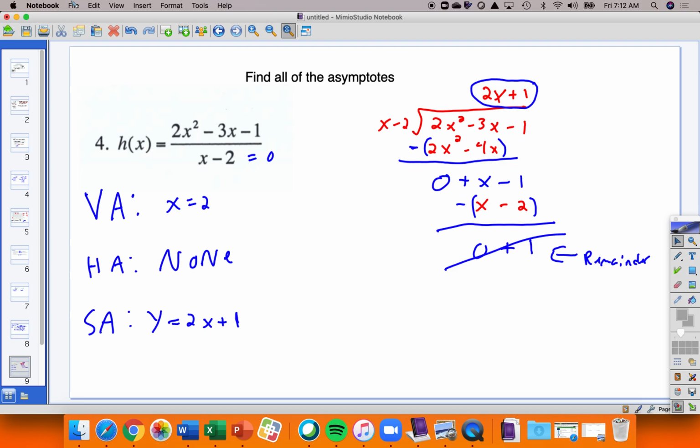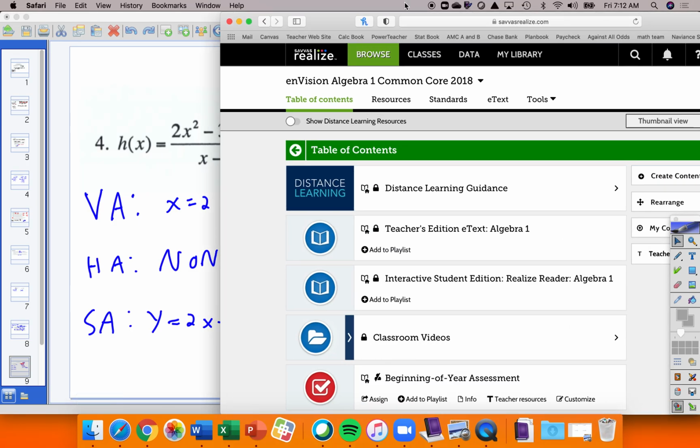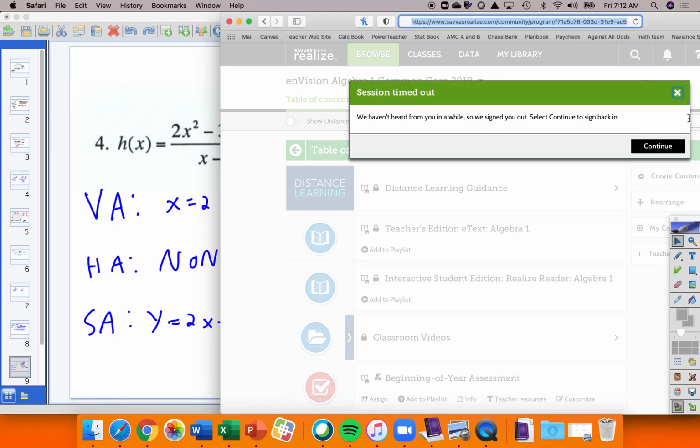Before I let you go, I'm going to graph this so you can see exactly what I'm talking about. So let's pull up Desmos.